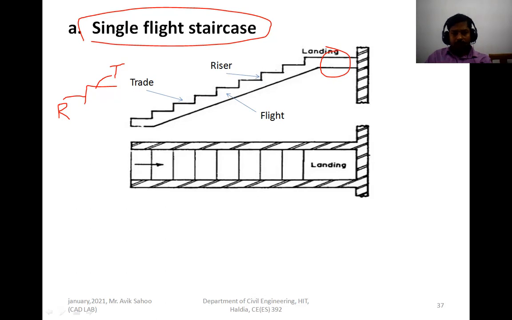Now you see that this is a plan view. If I draw the projection on horizontal plane, then what happens? This line comes on plan. So this is a riser, then tread, again this riser comes, and this direction is the upward direction.